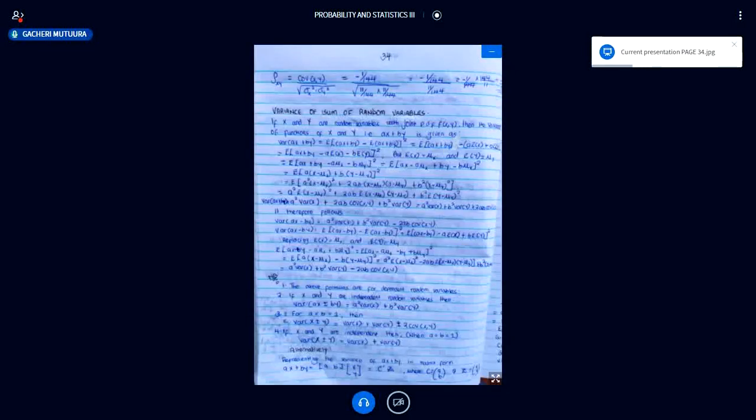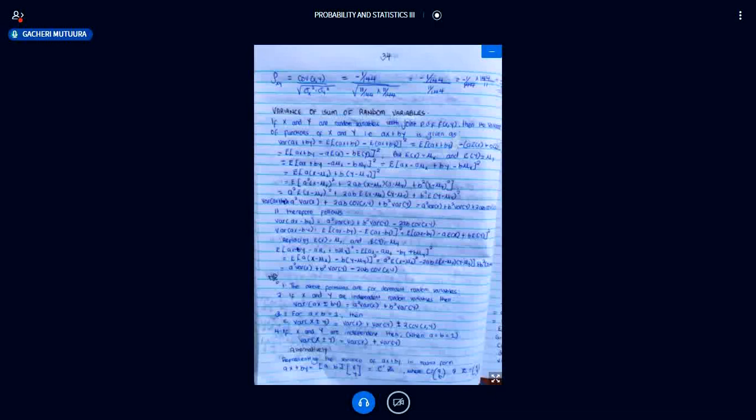The equations here are a bit long, so I don't know if I'll have the strength or the stamina required to replicate them, or you might just need to follow them up. So I'd like us to look at the variance of the sum of random variables.